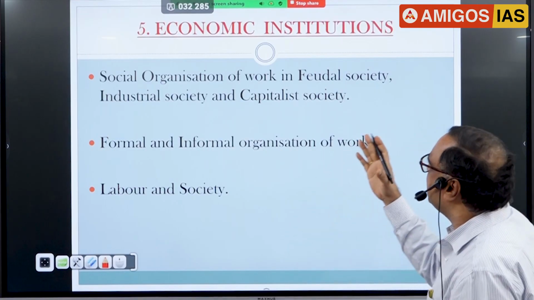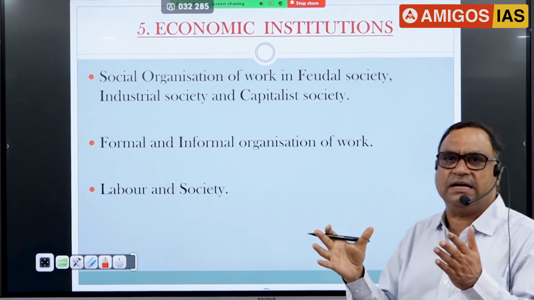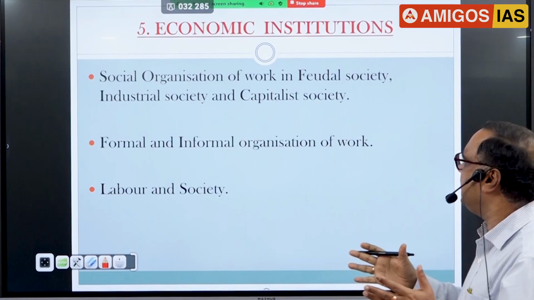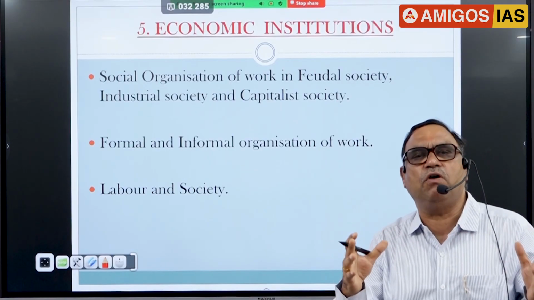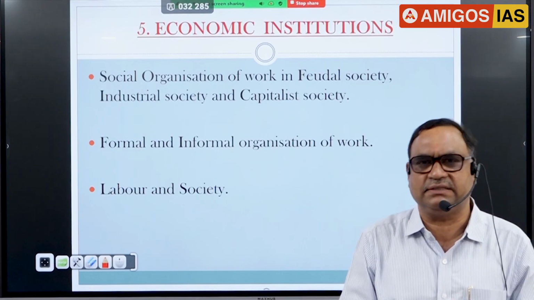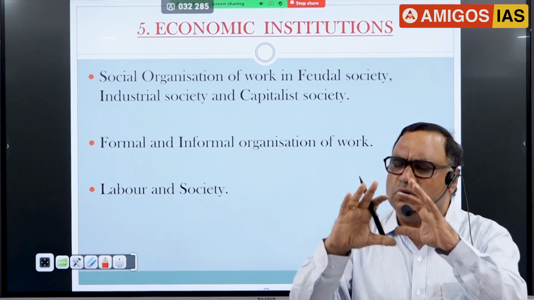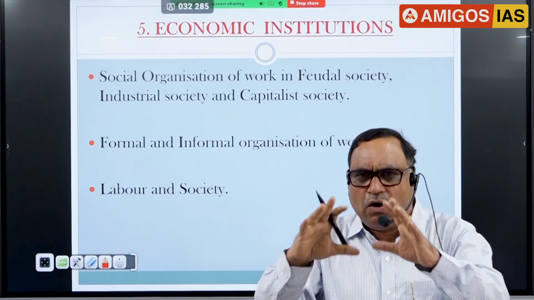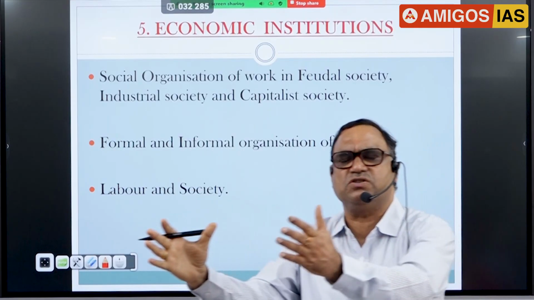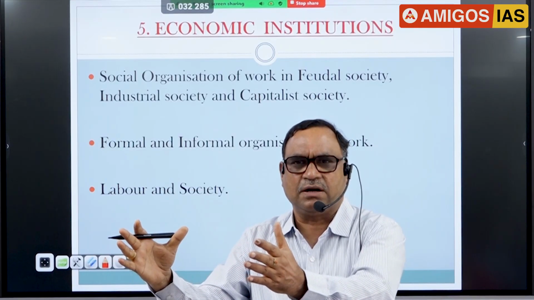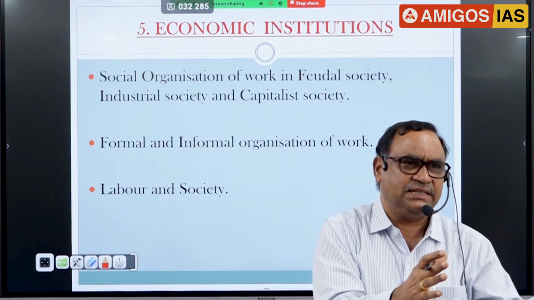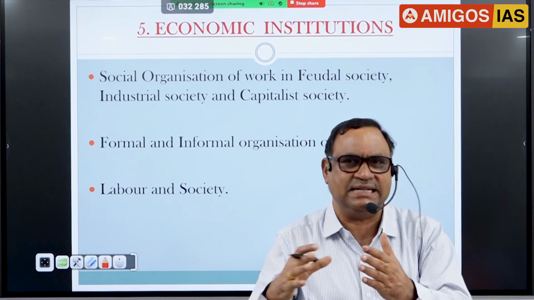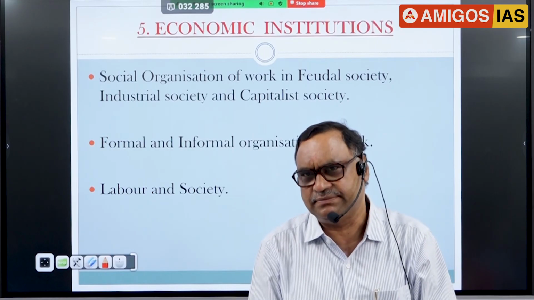Economic institutions in feudal society, industrial society, capitalist society, and formal and informal organization of social work. That means how work is organized, how economy is organized in simple societies, complex societies like industrial societies, or capitalist society. That's what we need to discuss.